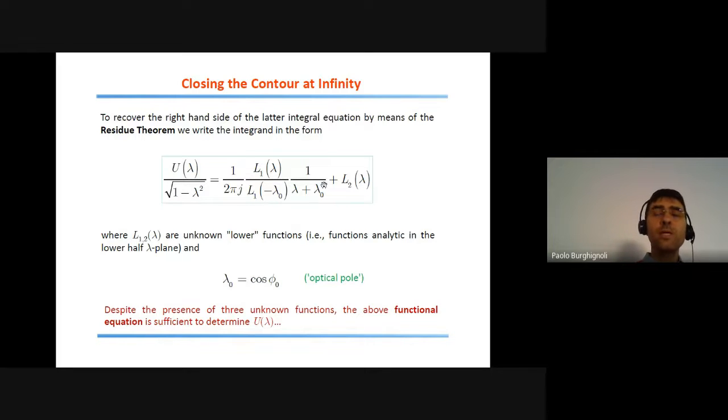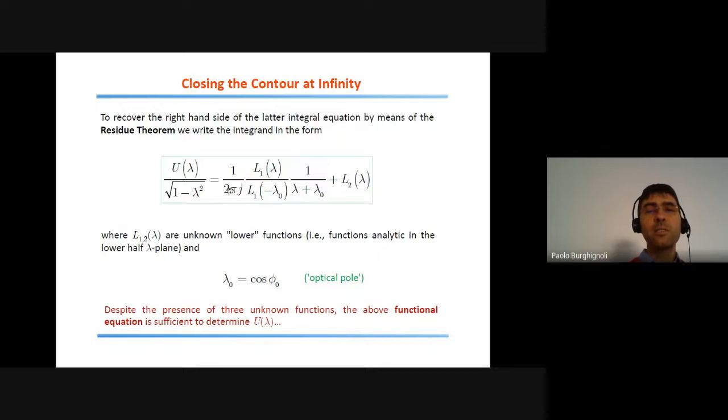In addition to that, if you add a second arbitrary analytic function L2 in the lower half plane to the right-hand side, this does not change anything because the integral of that function evaluates to 0 by Cauchy theorem. So basically, this is the form of our function u given that it must reproduce the right-hand side of the integral equation.